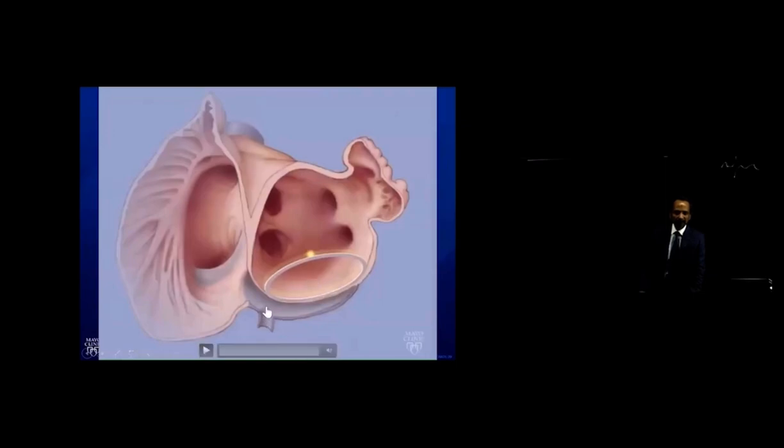Now, the last point of difficulty I'll share in general, and then let's look at some of the specifics, is that we have to appreciate, just like with the cavotricuspid, peritricuspid valve flutter is not the same as cavotricuspid isthmus flutter. Perimitral flutter is not the same as mitral isthmus dependent flutter.